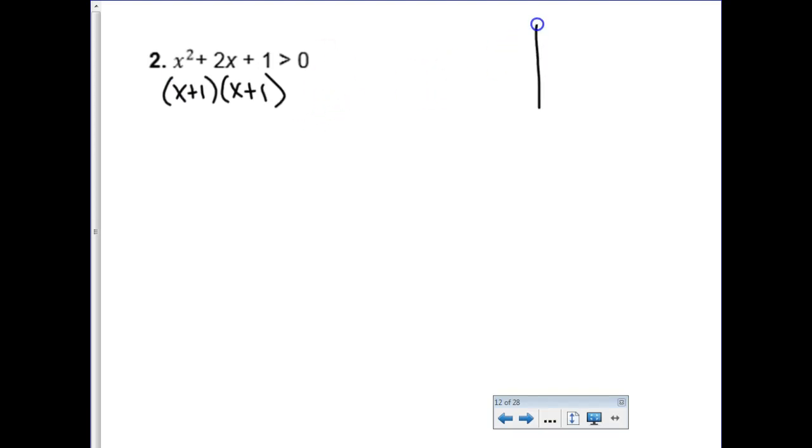Now, what's going to happen at x equals negative 1? Because I know it's a 0 of the function, but it shows up twice, right? Multiplicity 2. So this quadratic, while it does have a 0 at -1, it's one of those that's going to bounce. So they want to know where your function is greater than 0.